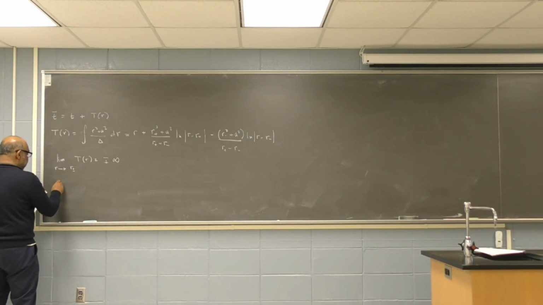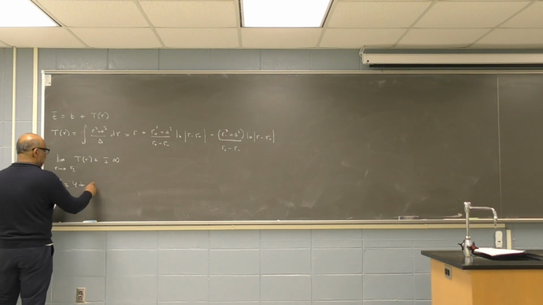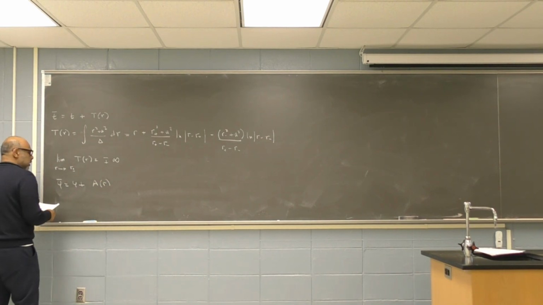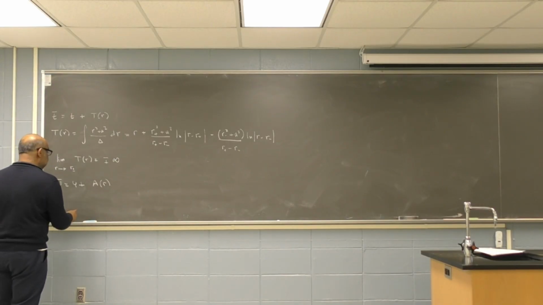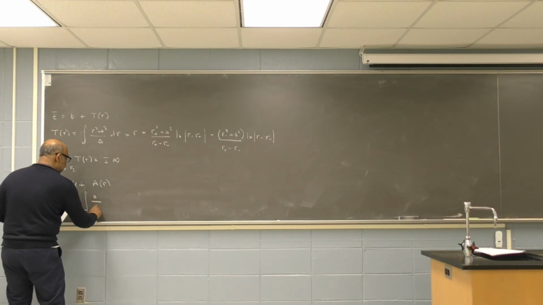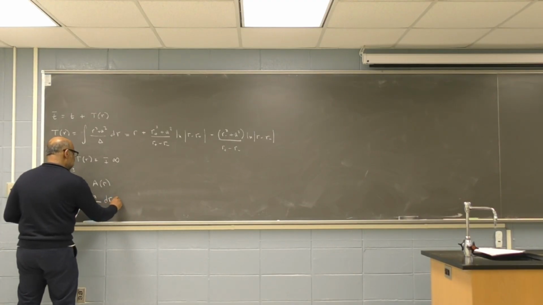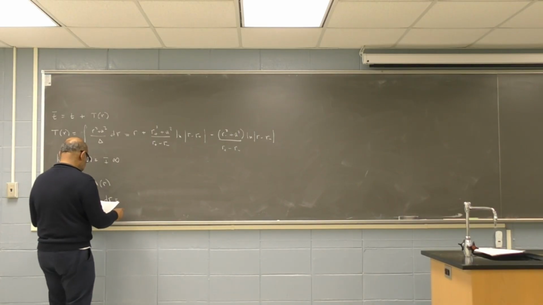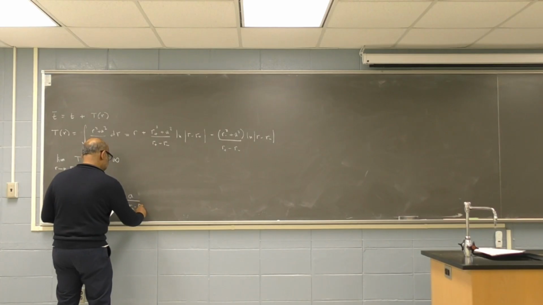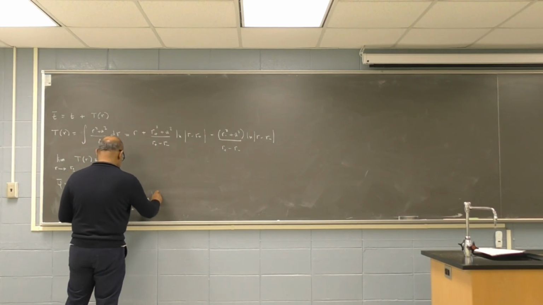And also we had phi bar equals phi plus A of R, and this A of R is nothing more than the integral of A over delta dr. This is a slightly smaller integral, A over R plus minus R minus, natural log.